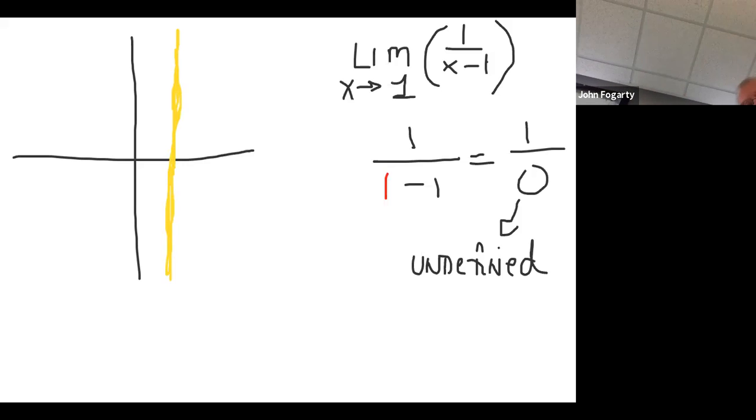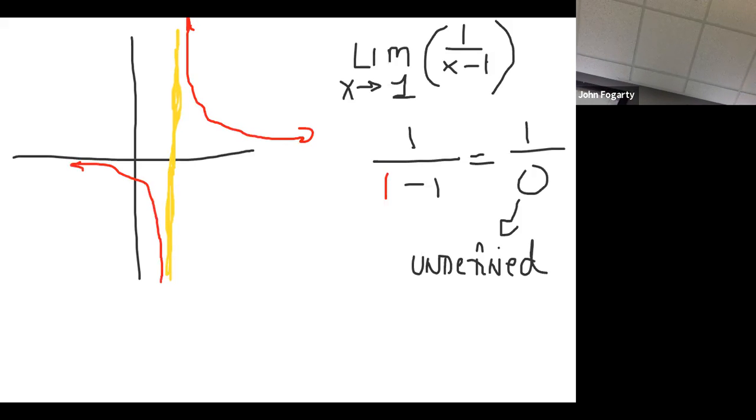And hopefully, I don't know how much work you might have done on this, but you should understand that this picture is going to look something like this. All righty? So now what happens? When I approach 1 from the left, and I approach 1 from the right, what am I not getting closer and closer to?